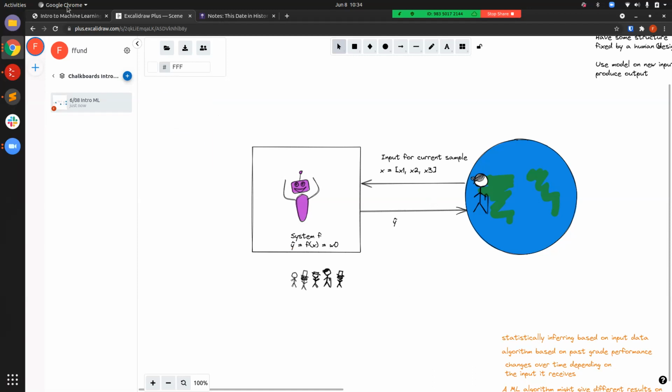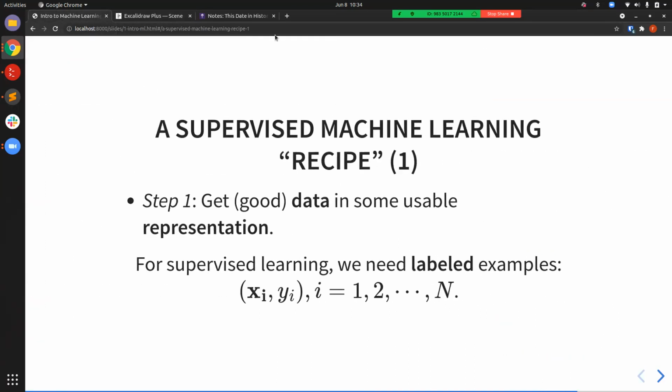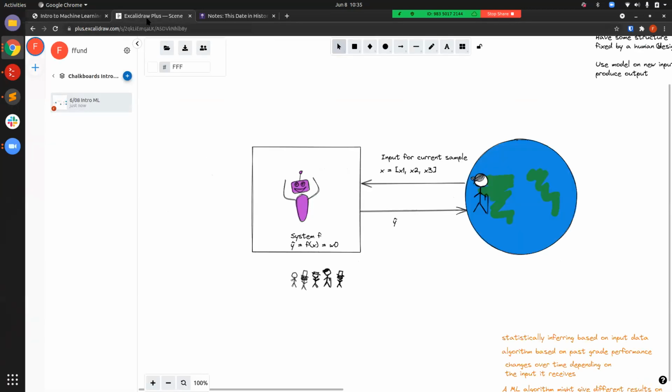Okay. Now let's apply our little machine learning recipe to see how we got there. Okay. First step, we need to get data in some usable representation. And when I say good data, for example, we mean not biased and so on. And we need to be able to represent this data. Now, in this case, we're working with tabular data, basically a spreadsheet. That's very easy.